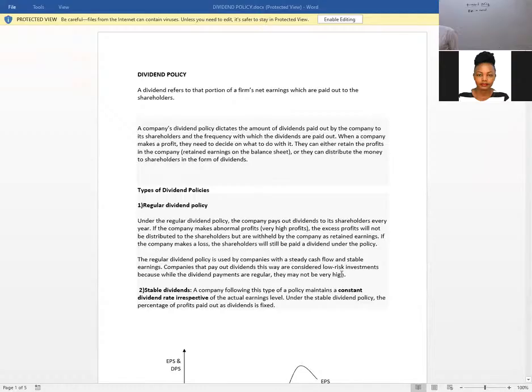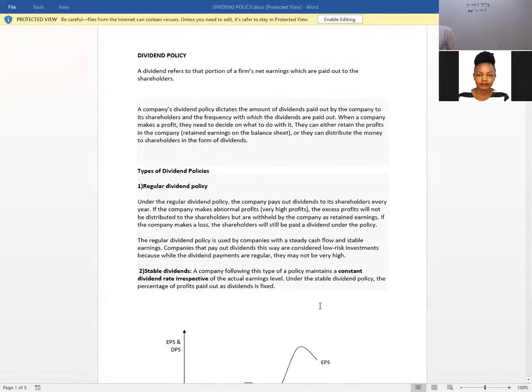For you to understand properly what regular dividend policy means, let's look at the stable dividend policy first of all. A company following this type of policy maintains a constant dividend rate irrespective of the actual earnings level. Under the stable dividend policy, the percentage of profits paid out as dividends is fixed.